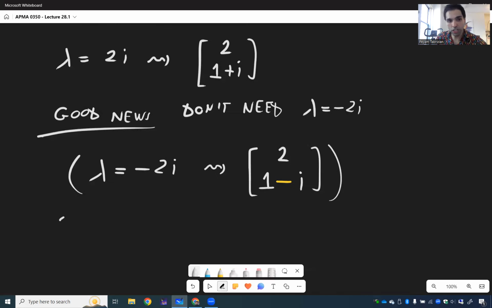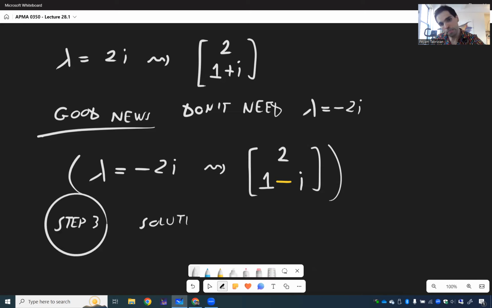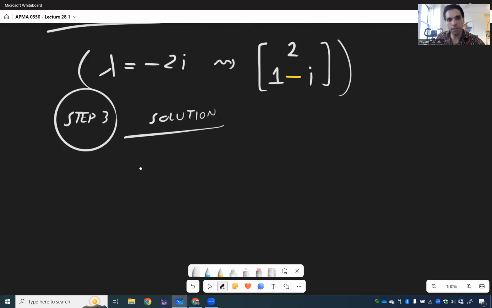Okay, and now the question is, how do you build your solution? So step 3, solution. Once again, for lambda equals 2i, we found (2, 1 plus i). And remember, what this tells us is we can build our solution: e to the eigenvalue t times the eigenvector.